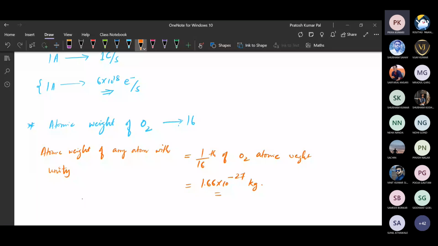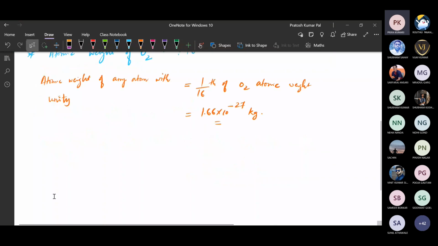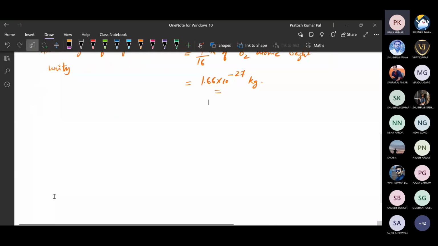If we want to find the mass of an atom in kgs, we can just multiply its atomic weight by this value.